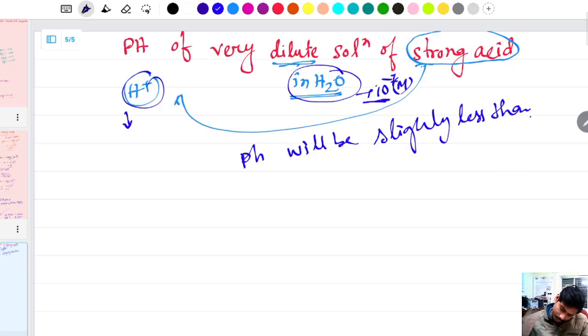That means if the strong acid is diluted million fold, then the pH will be slightly lower than that of water. Not too much acidic, but mildly lesser than the water.